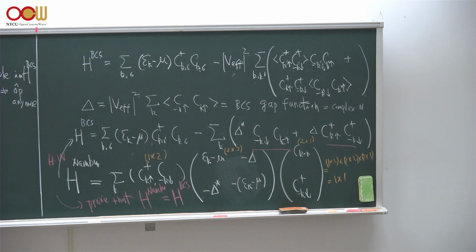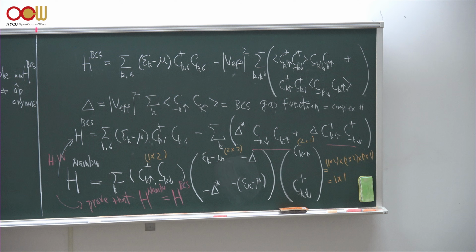Therefore, the remaining job is to find the eigenvalues and eigenvectors of this 2 by 2 matrix, which you can do within 1 minute. Finding the eigenvalues is simply finding the solutions of the determinant of the 2 by 2 matrix, right? Okay, so let's do it.